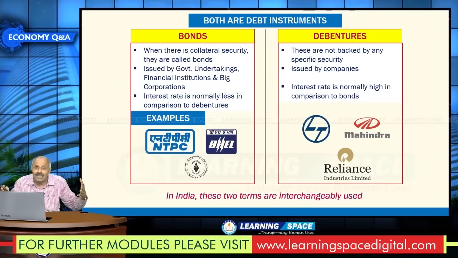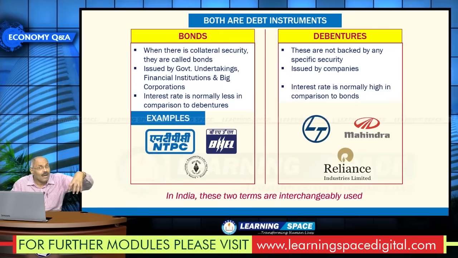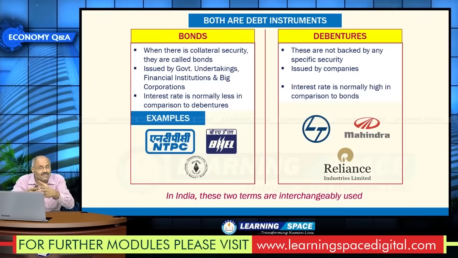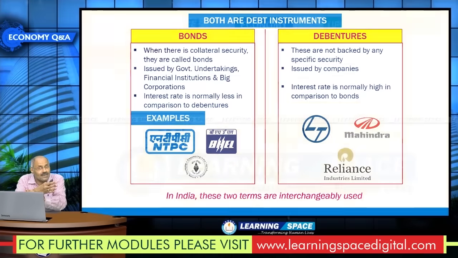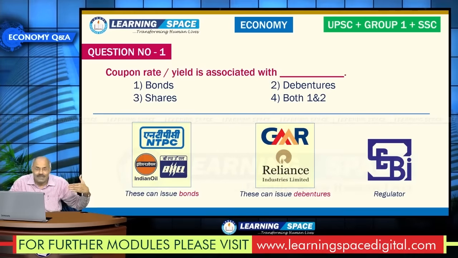Technically speaking, the difference is that a bond will have collateral security and a debenture does not. That is the technical difference. But in India, these two terms are used interchangeably.